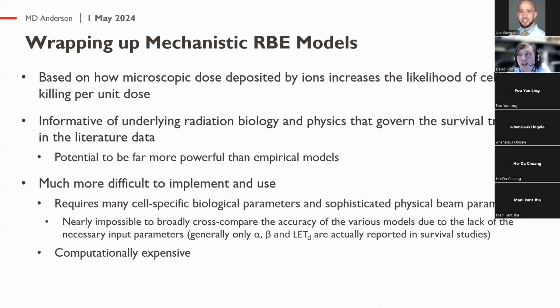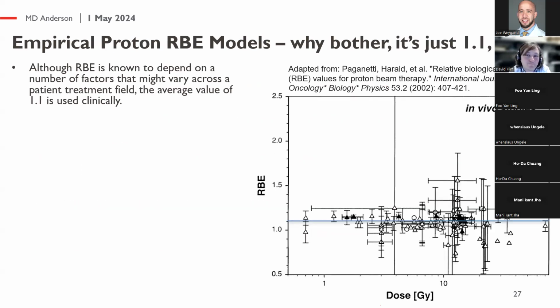But as the models become more complex, it becomes more and more challenging to determine which model is actually doing the best job, because you don't broadly have access to these very sophisticated radiation biology parameters you might need. And it becomes more computationally expensive to actually run them once you add more parameters to them.